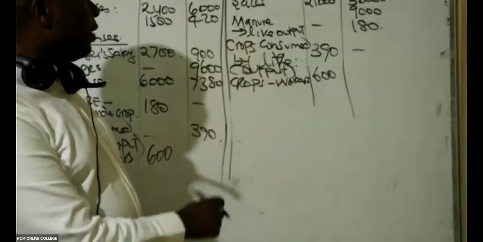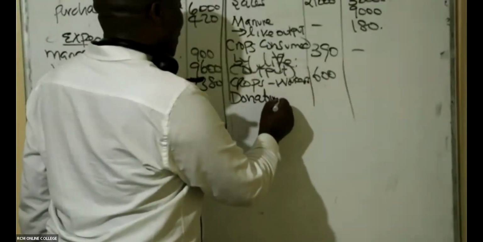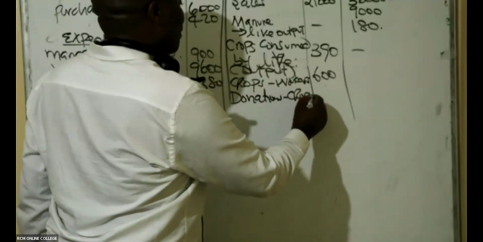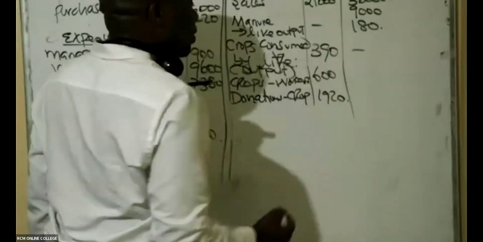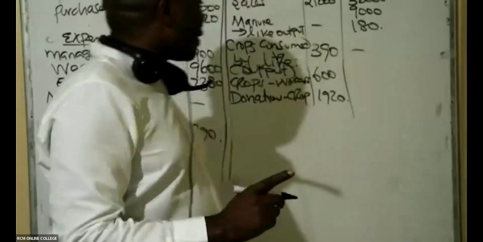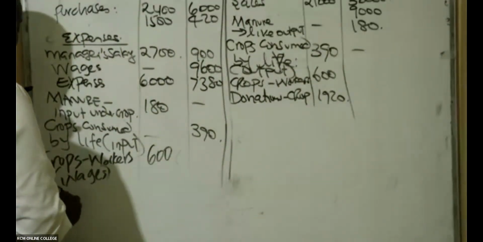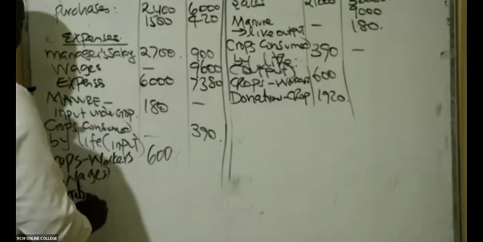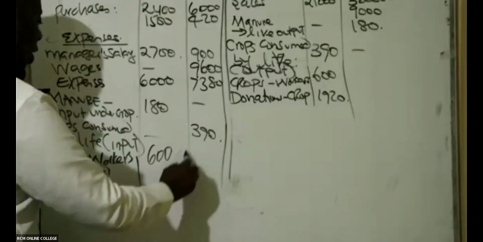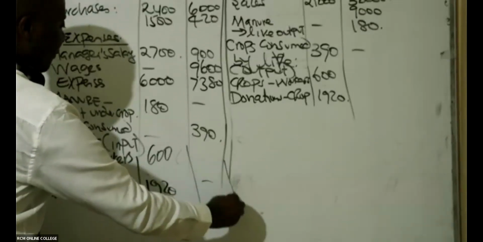So we have donations, crops worth 1920. Donations shall always be expensed, always under the expense section. So under crops, you simply mention here 1920.